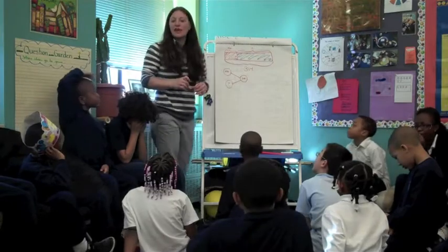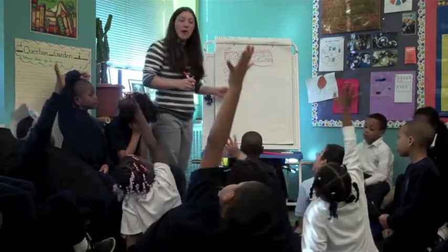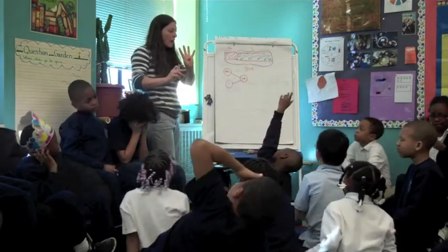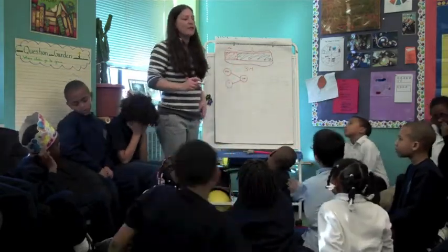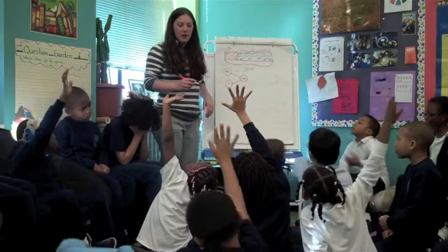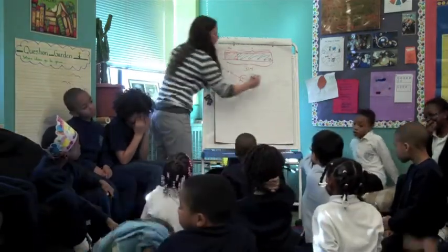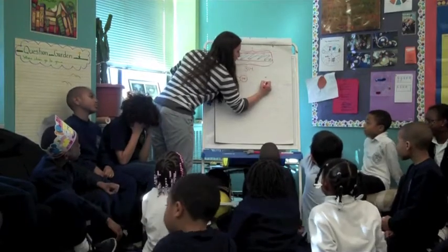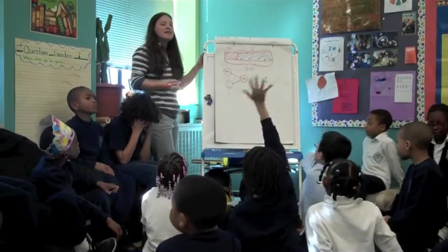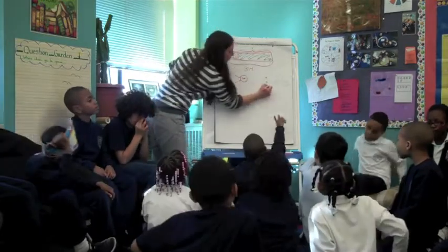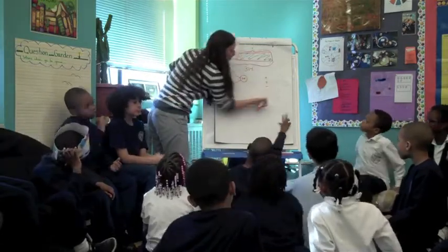How many fact families do I create from my 1 number bond? Amal. 4. How many addition facts do I create? Miss Kenya? 2. So right away, I'm going to put 2 plus signs. How many subtraction facts do I do, Claude? 2.